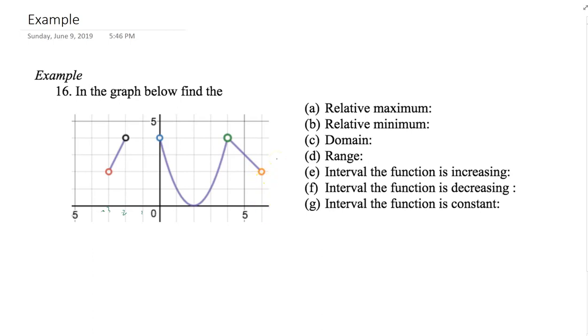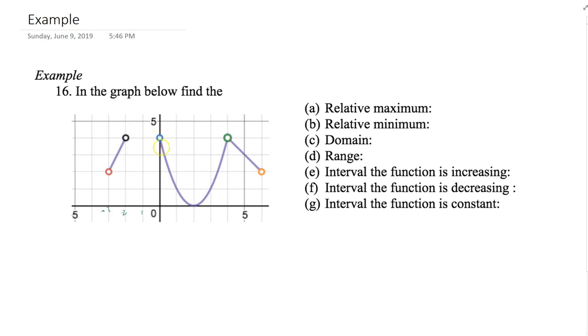Now we want to find a relative maximum. A relative maximum would be where the f of a value exists, and it is also the highest point between a particular interval. So if we're looking at where x is -2, we see a high point there at y is equal to 5, but that is not a maximum because that point is an open circle, so it does not exist.